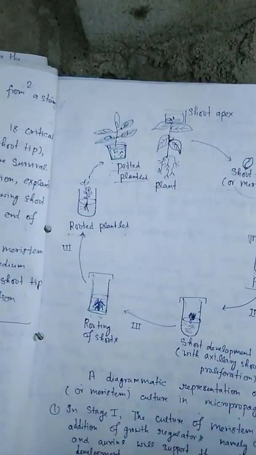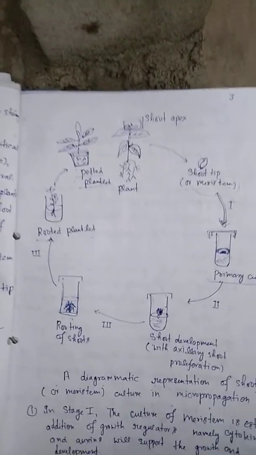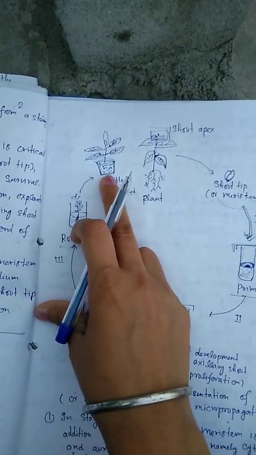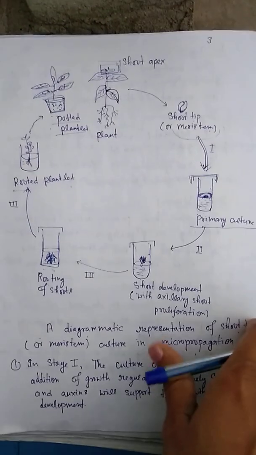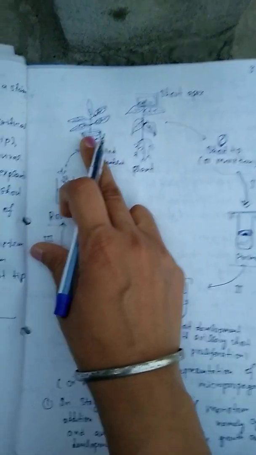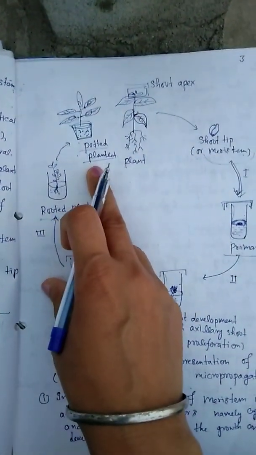And after the hardening process, that small plant is planted into the soil, and this soil is present in the pot. So we can say from the mother plant, a similar identical plant is generated through the technique of macropropagation.